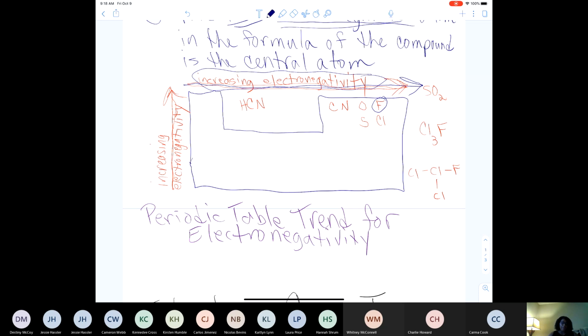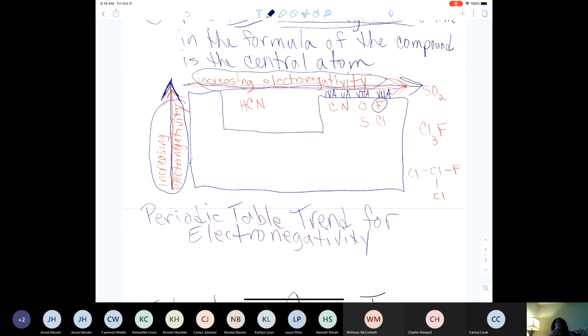Also, as you move from the bottom of the periodic table to the top, electronegativity also increases. So if I'm comparing oxygen and sulfur in group 6A of the periodic table, oxygen is further to the top of the periodic table than sulfur, so it is more electronegative than sulfur.